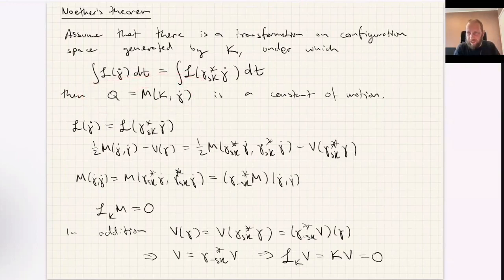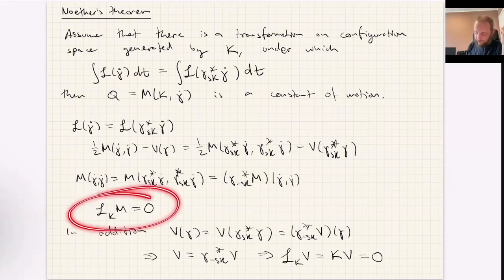You prove it essentially the same way as you would for a Killing field only. So that's the theory. Just differentiate this and see what comes out when you use the equations of motion, under the requirement that this is 0 and that this is 0. And you'll see that you get that this is indeed a constant of motion.